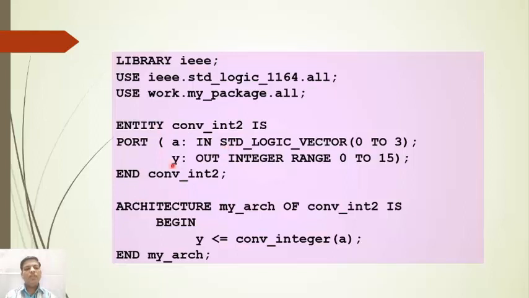In this way we have written the entity for the convert int function. Then architecture my_arch of convert_int_to is begin y <= convert_integer(A); end my_arch.